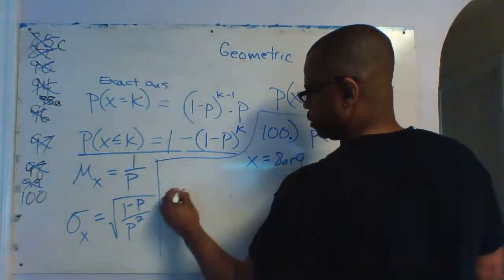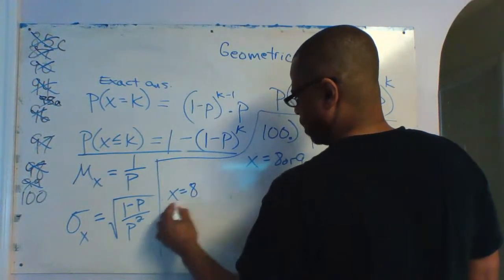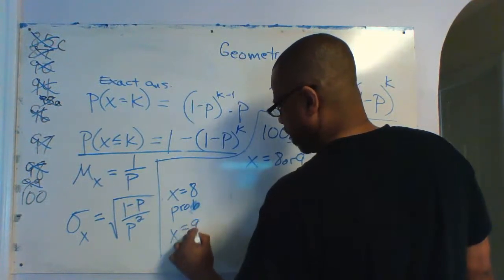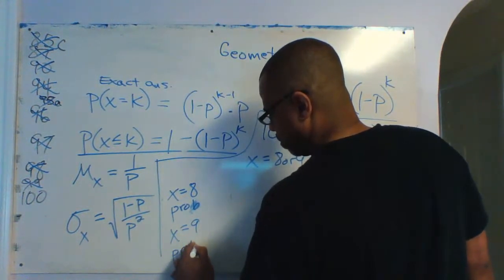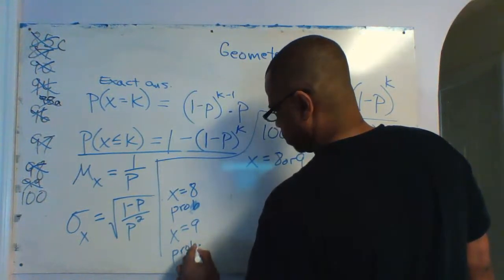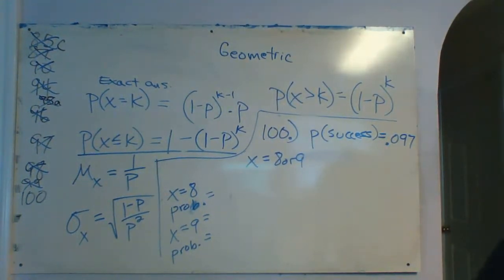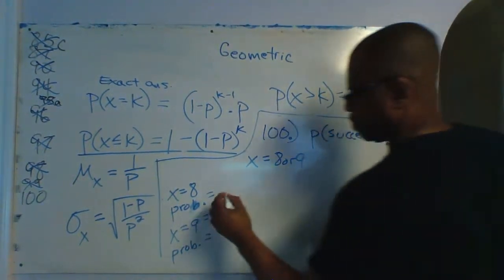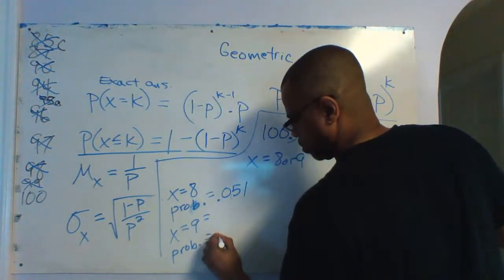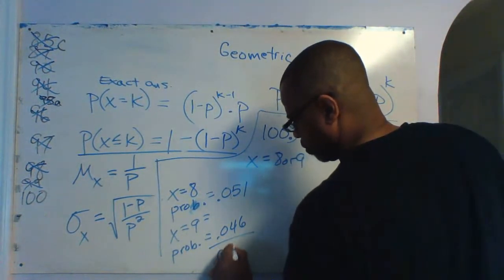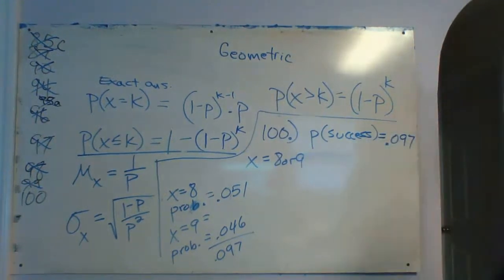So X equals 8, the probability for that was, I have to go back and look at it. Then the probability assigned to the outcome of 9, if you go back to 353, was 0.051 and 0.046, which total 0.097. So that's our success.